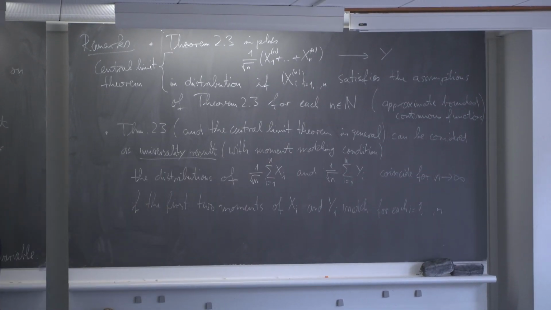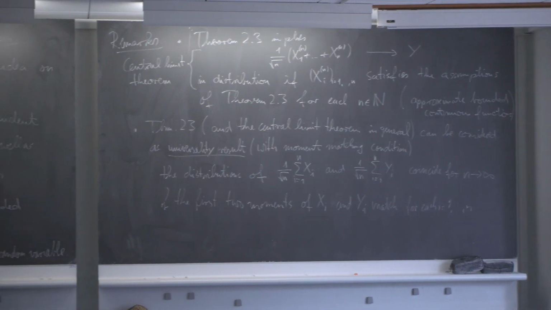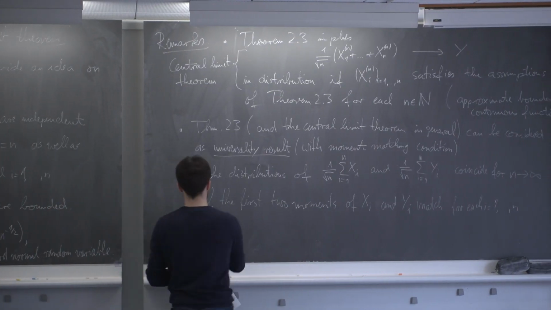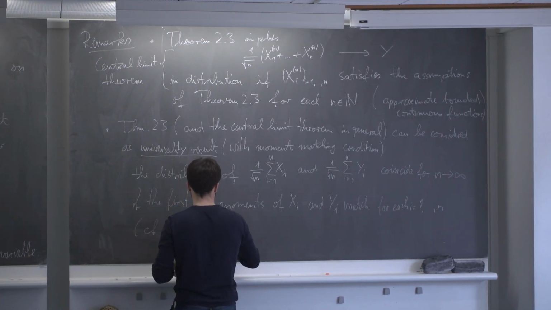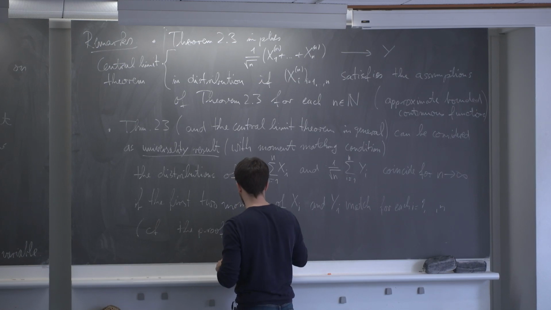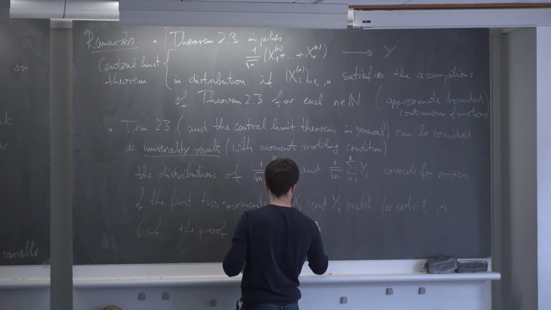proof, and they will actually be chosen to be Gaussian and to match the xi's first and second moment. Maybe you can look here, you'll see it later. I will present the proof here and maybe give some more details in the homework.